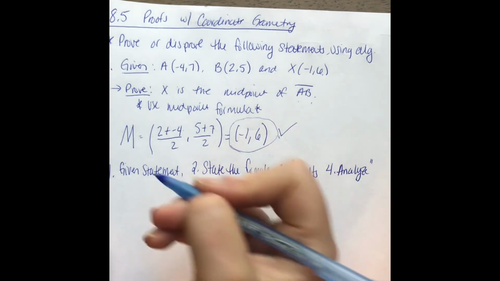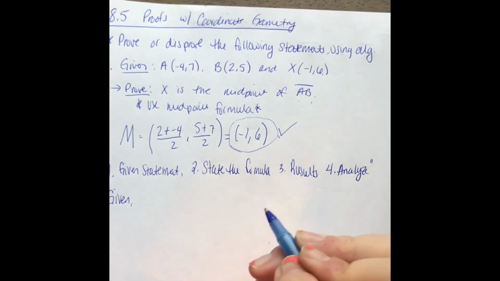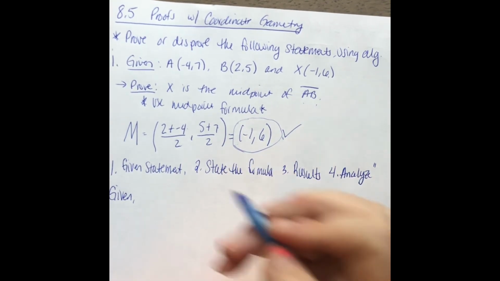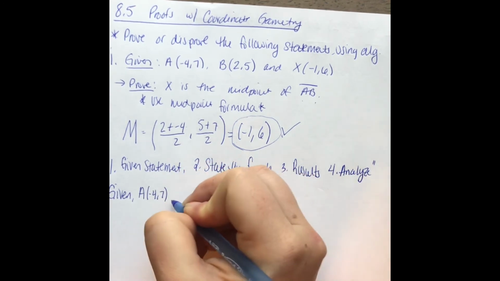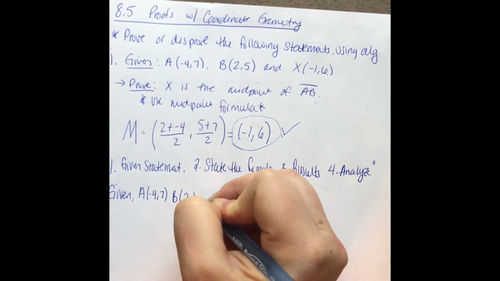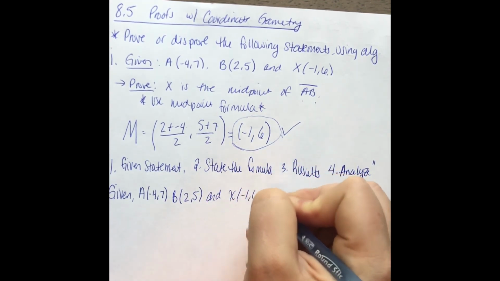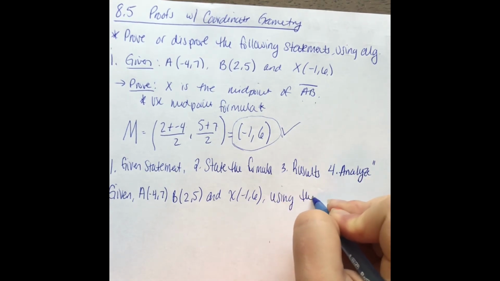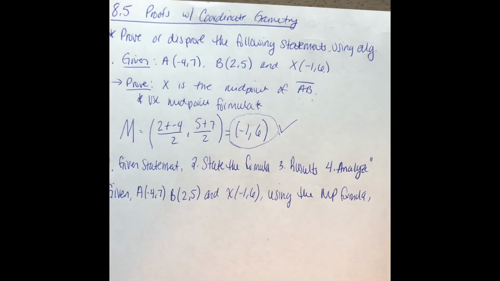So our first thing, we're going to write given. And I know that this is very, I would say, annoying and redundant. You have to copy the given statement exactly for what it is. So given, A is (-4, 7), B is (2, 5), and X is (-1, 6). Using the midpoint formula, and you know I love to abbreviate, so MP formula.